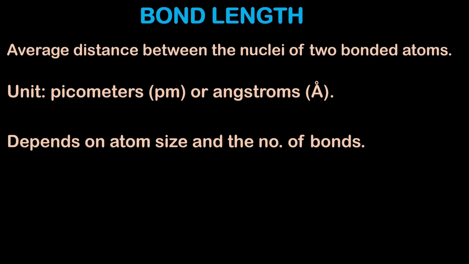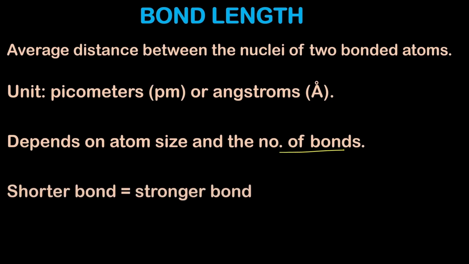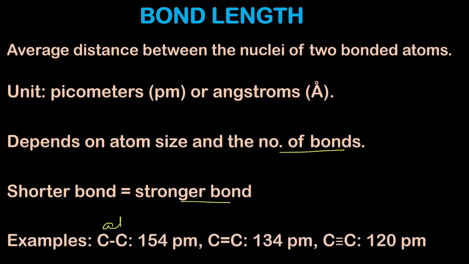Well, in that case, the number of bonds also play an important role. It has been seen that a shorter bond is equivalent to a stronger bond, like in the case of the alkanes, alkenes, and alkynes. The alkanes show us a 154 picometers bond length.